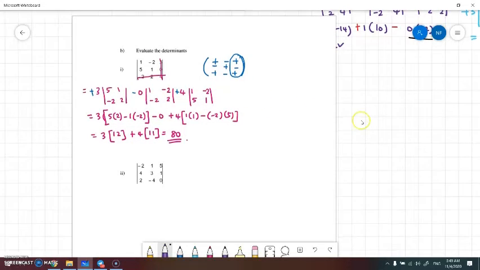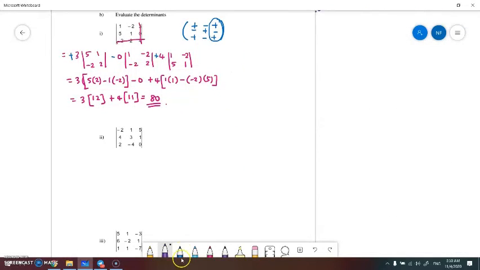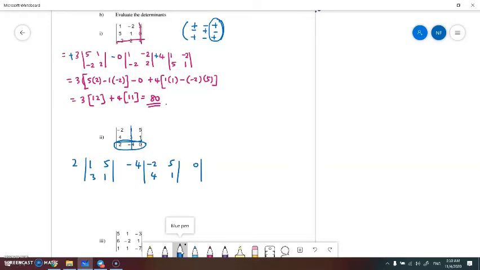So maybe we can try the third row. So the third row is 2, negative 4, and 0. So close 2, so you get 1, 5, 3, 1, and then minus 4, you will get negative 2, 5, 4, 1, and then 0 is negative 2, 1, 4, 3.